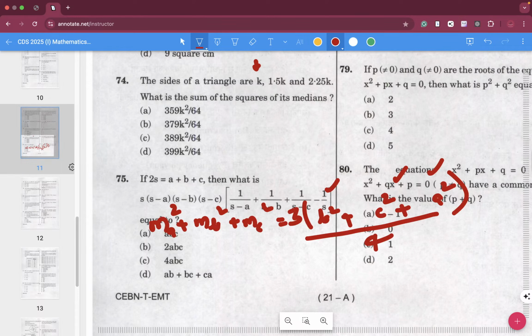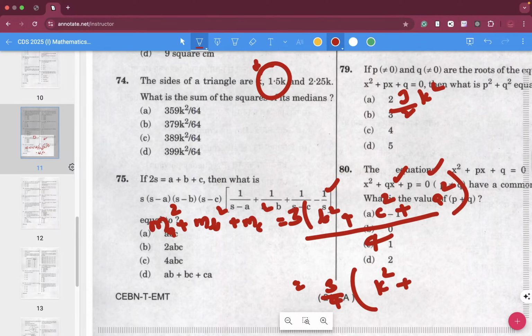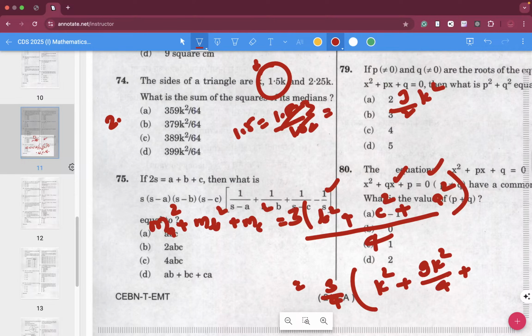So now this thing can be written as 3 by 4 into A square. A square is how much? K square plus 3 by 2 k square, 1.5 I can write as 3 by 2. Which means how much? 9k square by 4 plus 2.25.